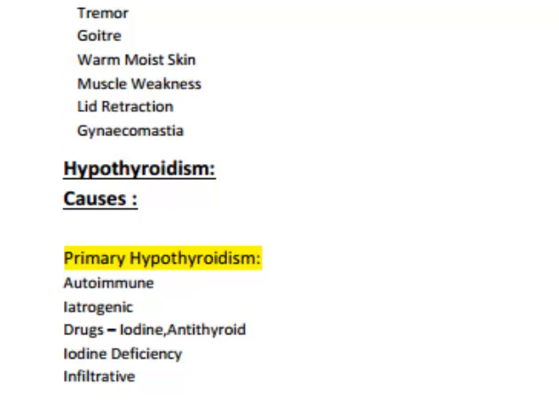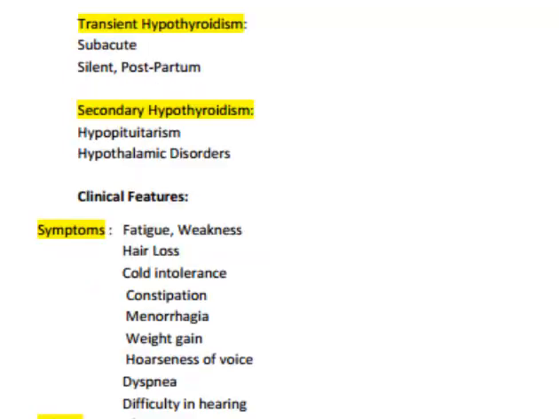Now, what may be the causes of hypothyroidism? It may be primary: autoimmune, iatrogenic, or treatment with iodine 131 or thyroidectomy. Drugs most commonly are iodine, amiodarone, antithyroid drugs, iodine deficiency, infiltrative causes are sarcoidosis, amyloidosis, hemochromatosis.